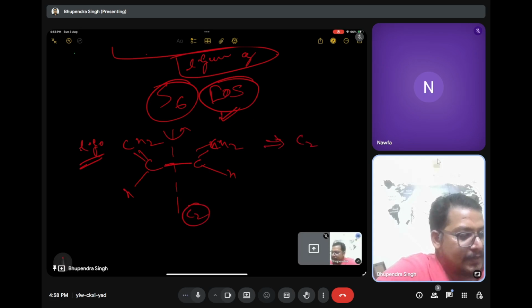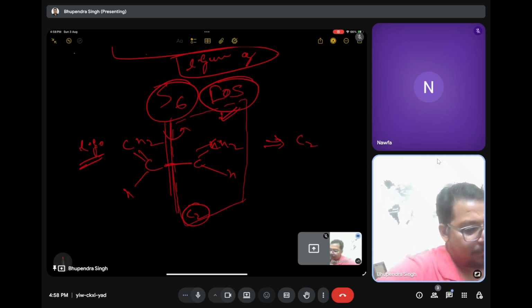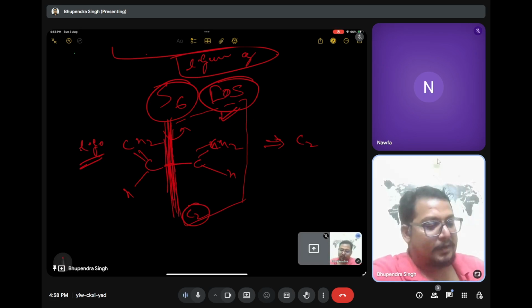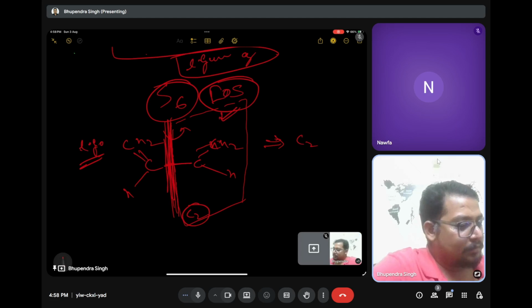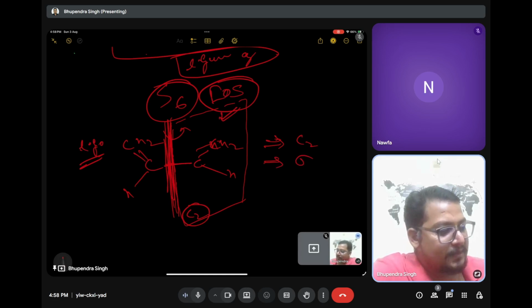If you rotate it like that, and also this sigma v is present. This is the plane. If you cut this plane through the middle, or put a mirror in between, it will bisect the molecule into two equivalent parts. So you also have a sigma plane of symmetry, but this plane contains your principal axis of rotation, which means it is sigma v.